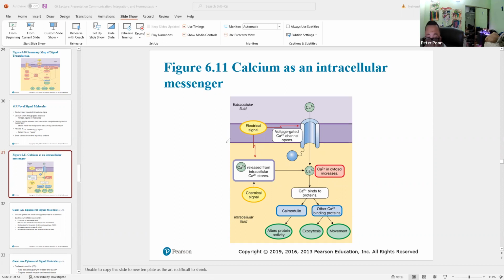So when you have calcium release, calmodulin activates and changes the protein activity of whatever is downstream of it. Once the calcium signal is gone, calmodulin goes silent again, and the protein activity reverts back to normal.